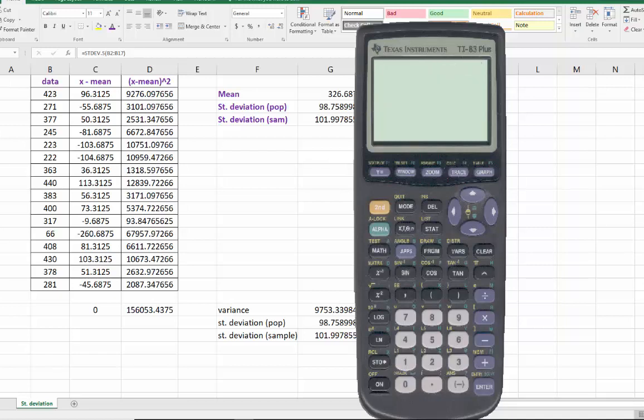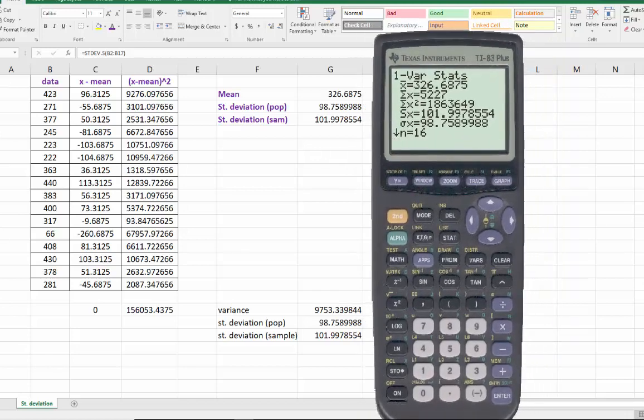So what I'm going to do now is the following: Stat, Calc, 1-Var Stats, L1, enter. And let's see, do I get the same values? Absolutely. Here's my mean. Here are my standard deviations.